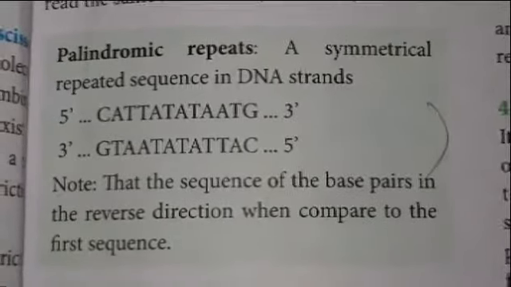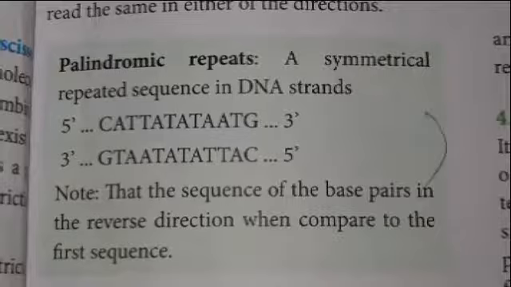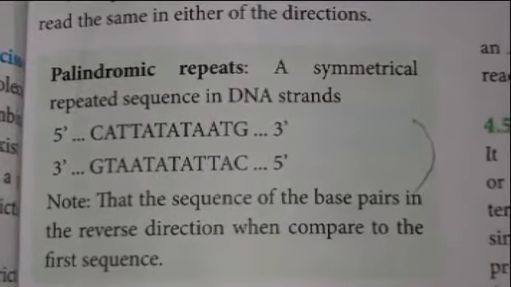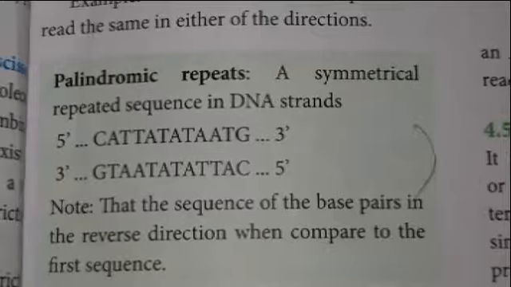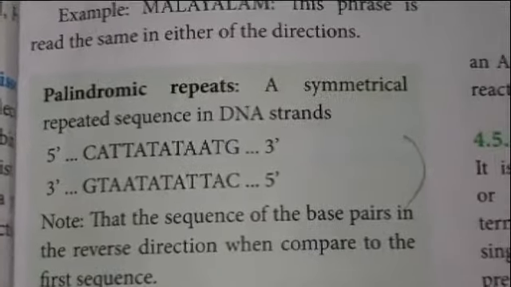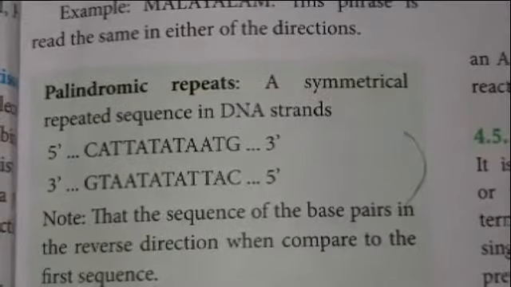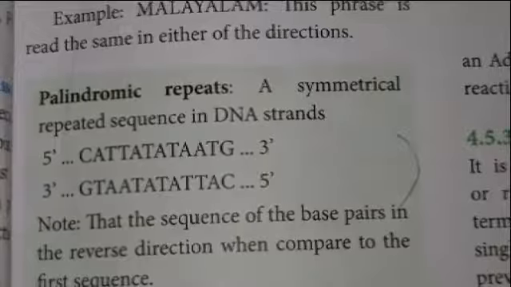The sequence of the base pairs in the reverse direction, when compared to the first sequence, is called a palindromic repeat. The second strand is present in the reverse order of the first sequence.